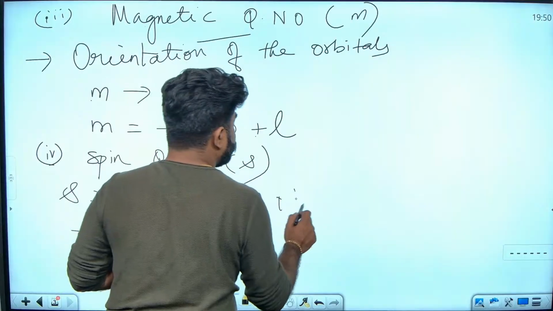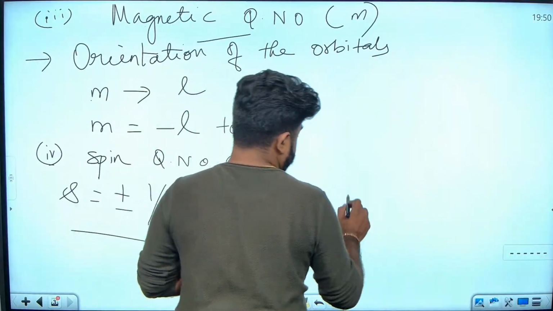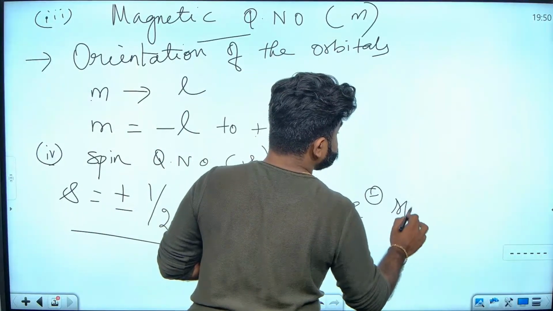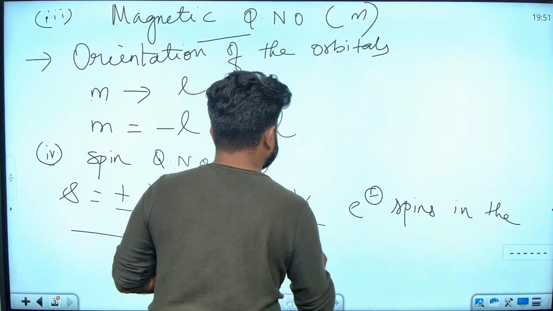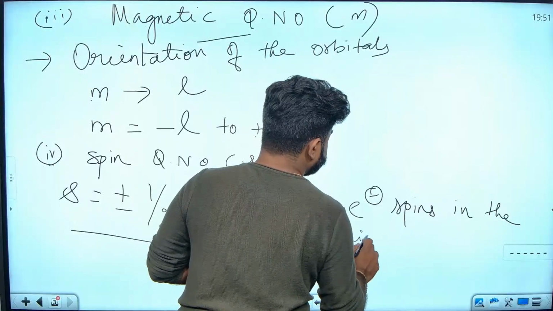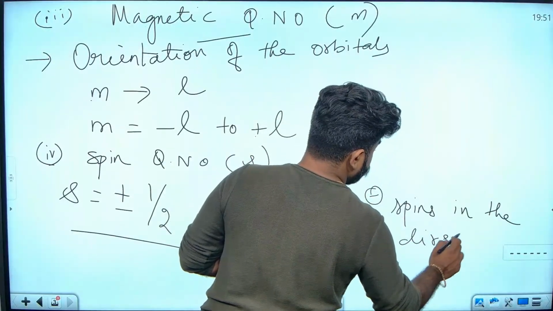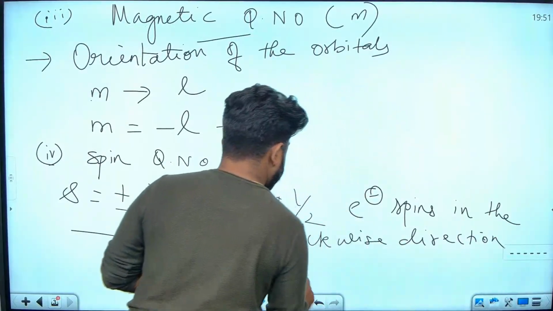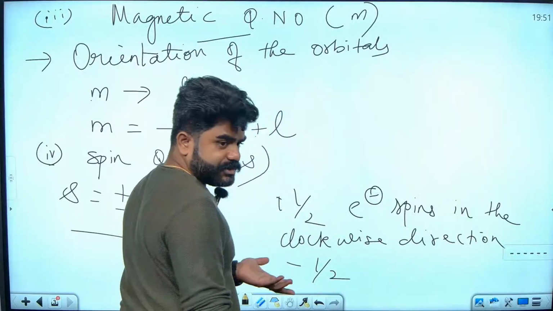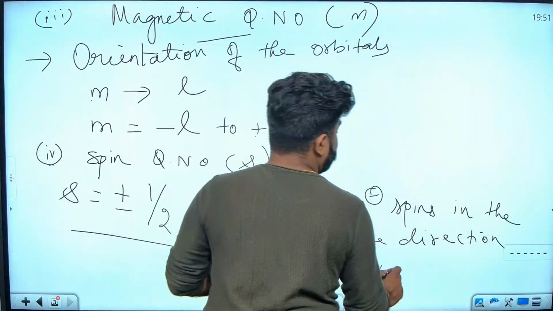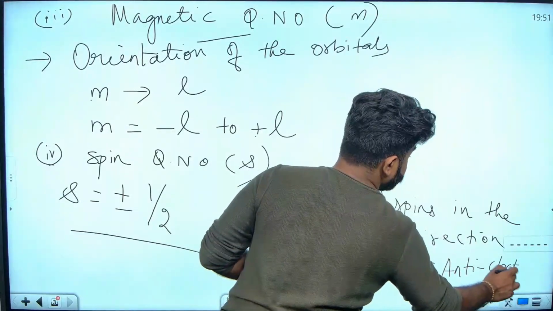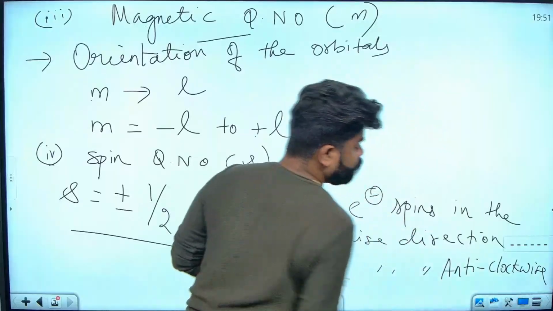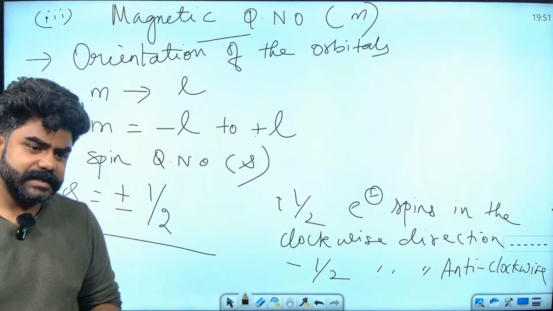Plus 1 by 2 means the electron spins in the clockwise direction. Minus 1 by 2 means the electron spins in the anti-clockwise direction. Understood, everyone? This is what we saw in the last class.